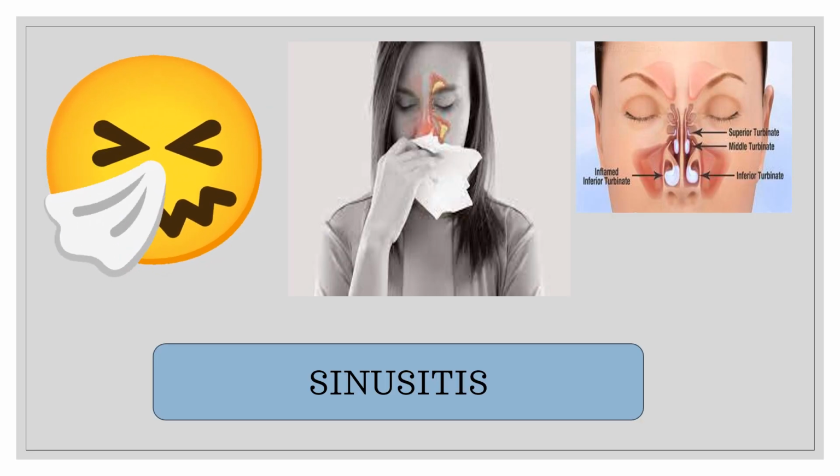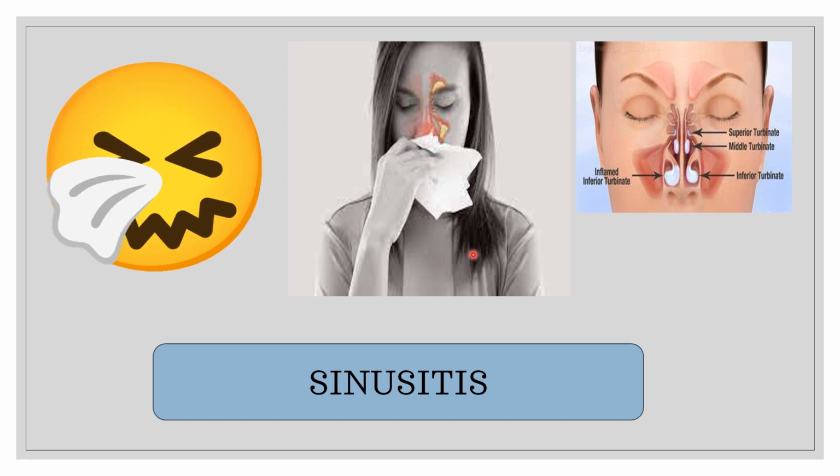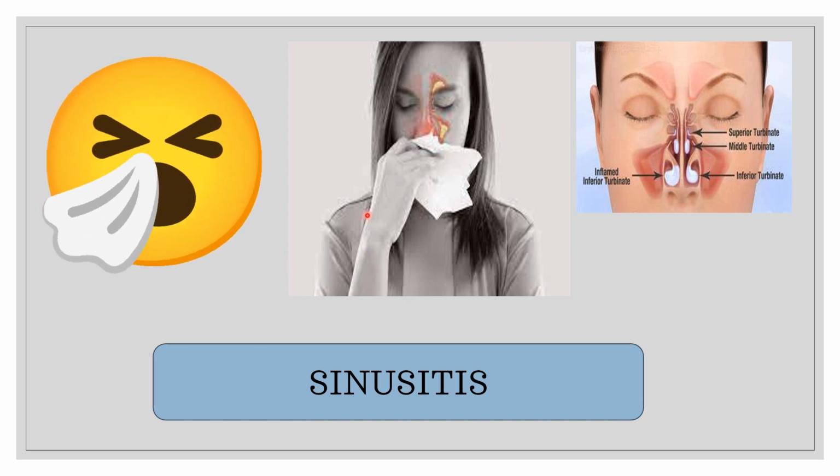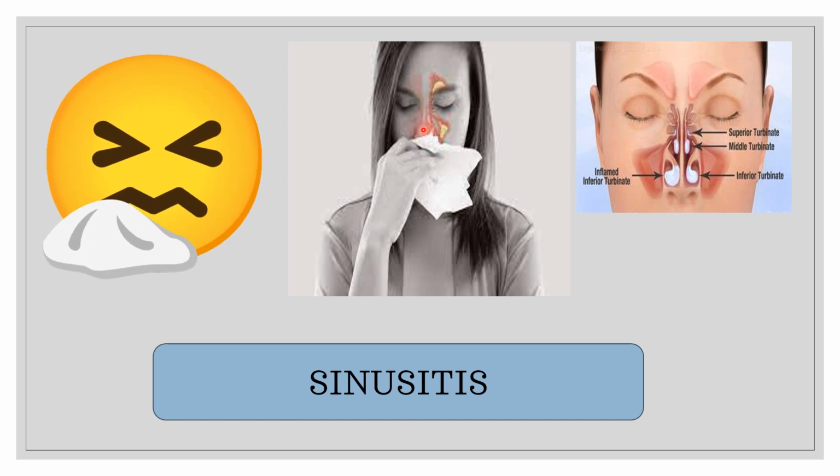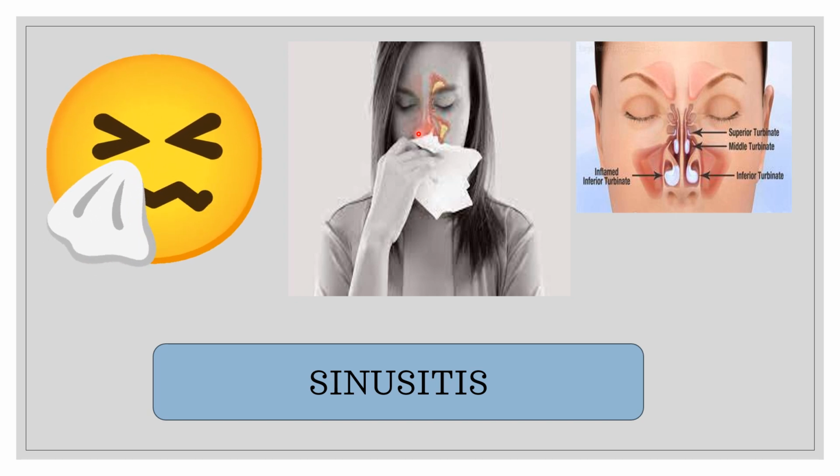Now what are the clinical importances of these paranasal air sinuses? These sinuses open into the nasal turbinates through their ostia. During inflammation and edema of the nasal mucosa, these ostia of the sinuses are readily blocked.